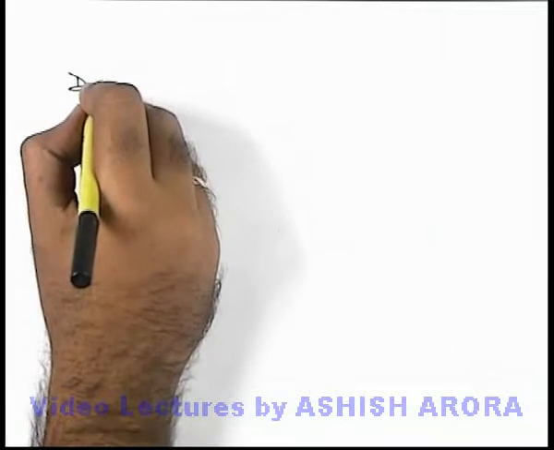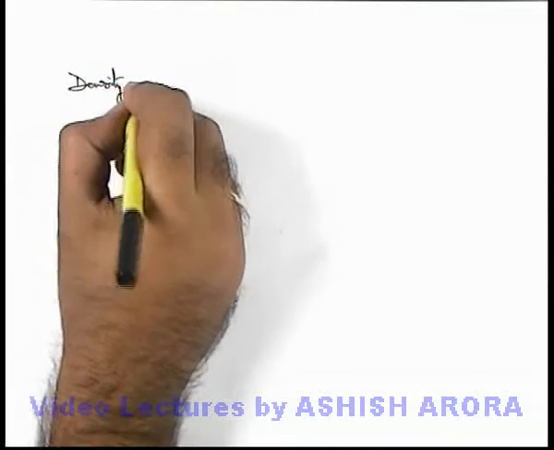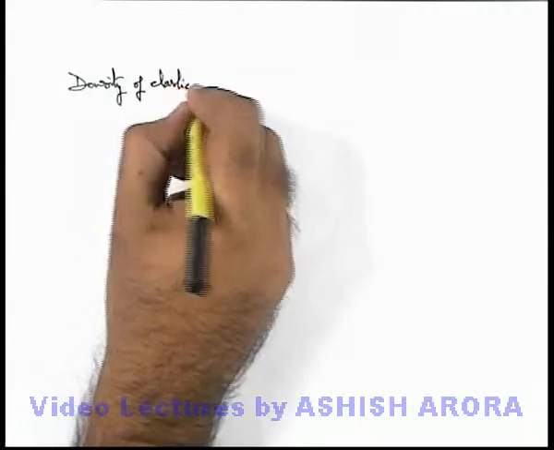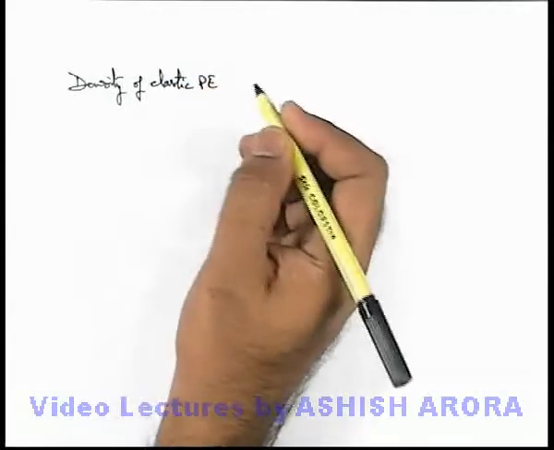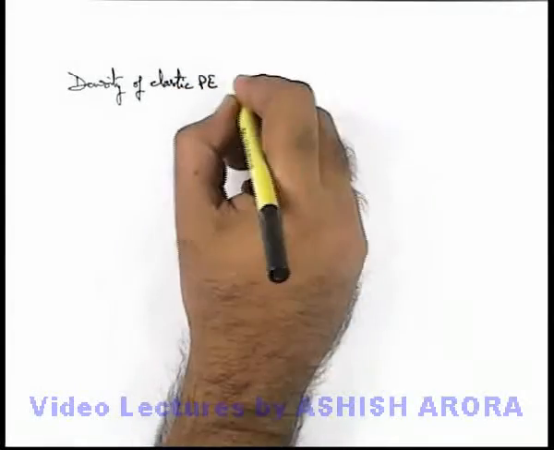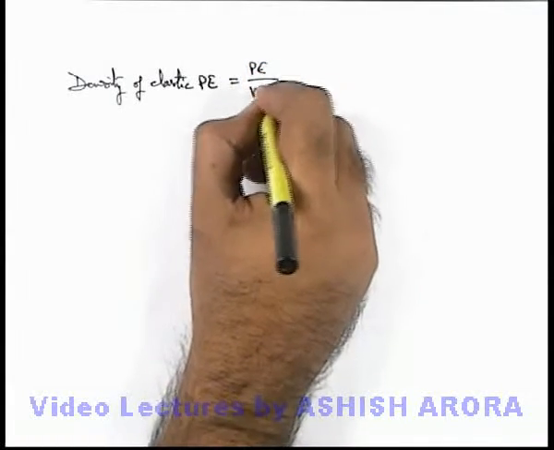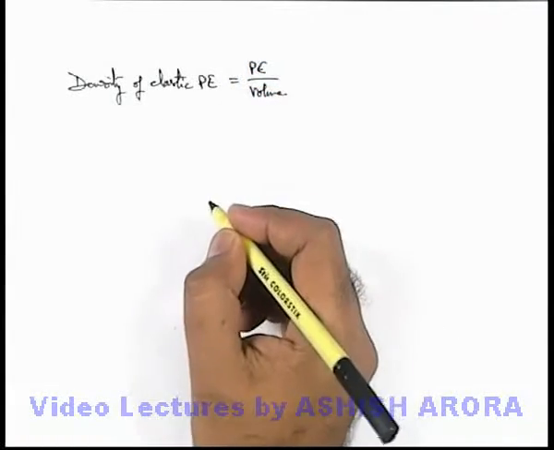In continuation, let us discuss the density of elastic potential energy in the material. This density can be simply written as potential energy stored divided by volume of the material.